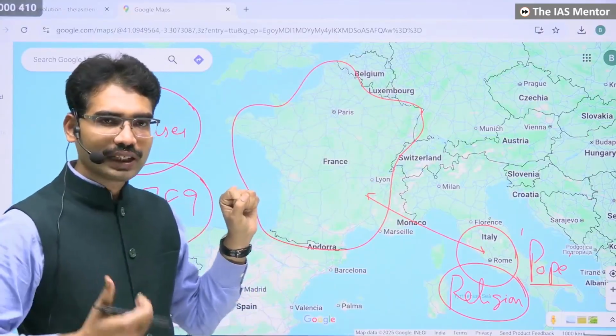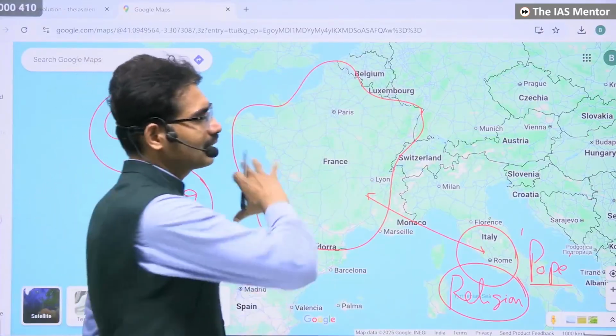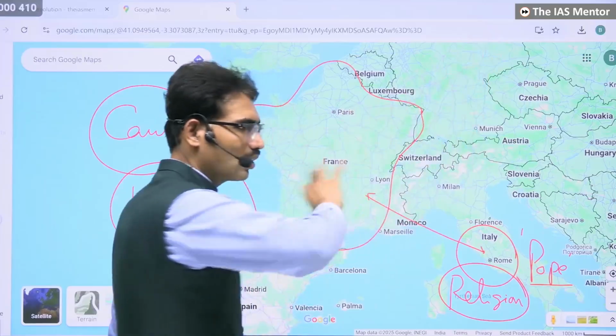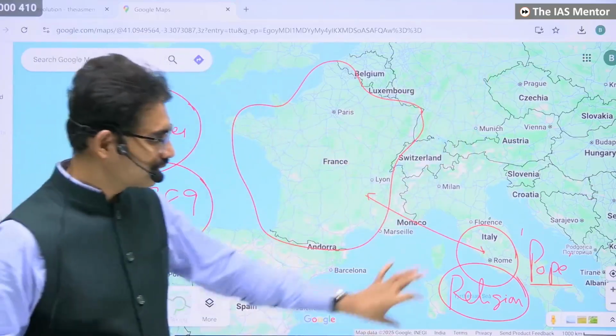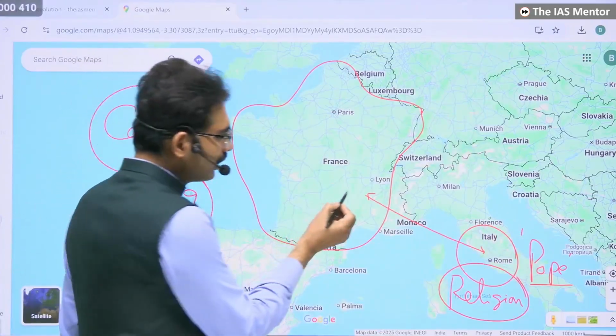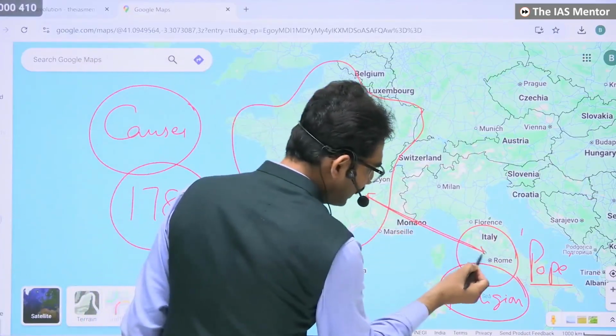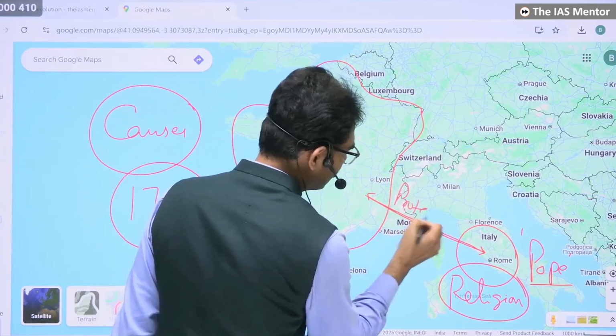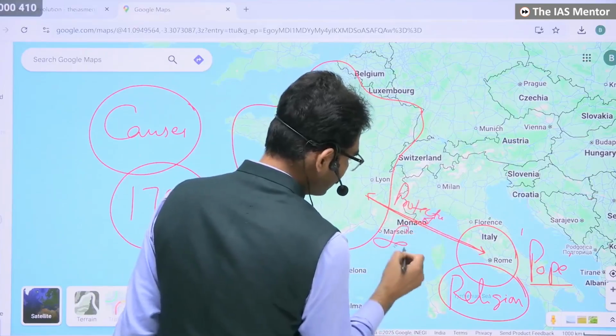He is going to command respect across Europe, across the world, wherever the Christian faith is spread. That's why they want to be seen as protectors of the faith.